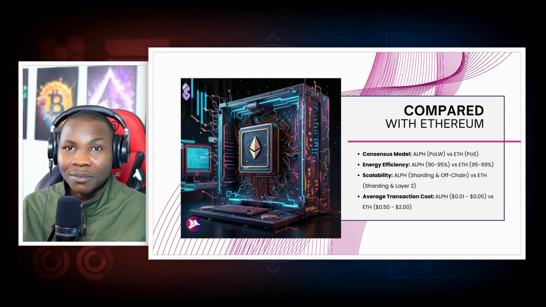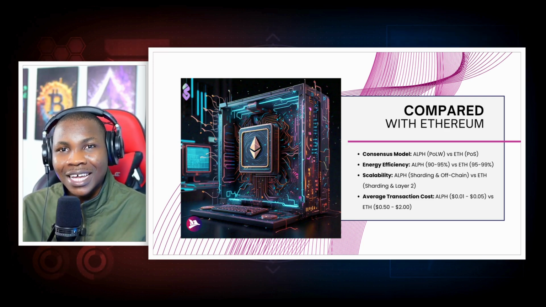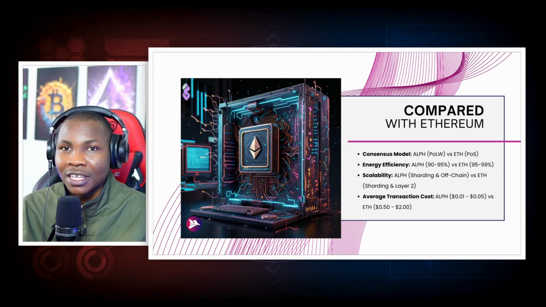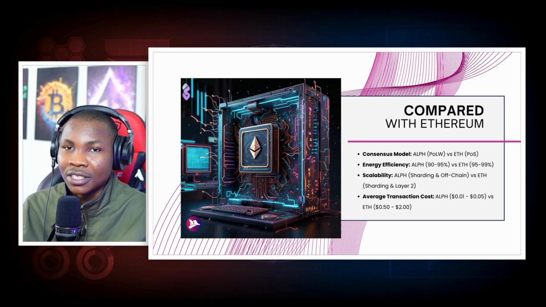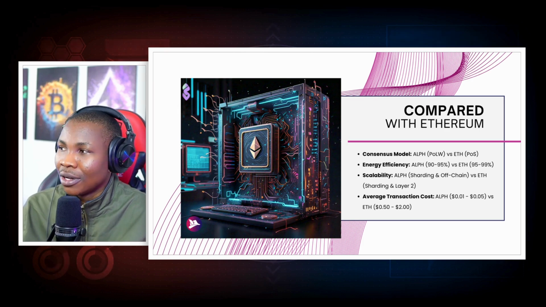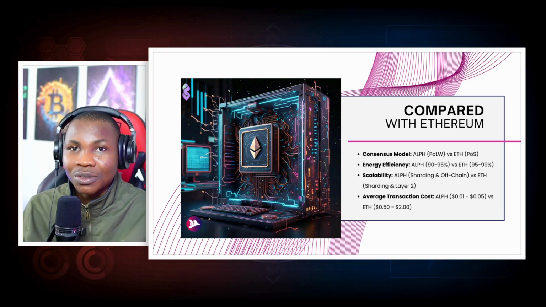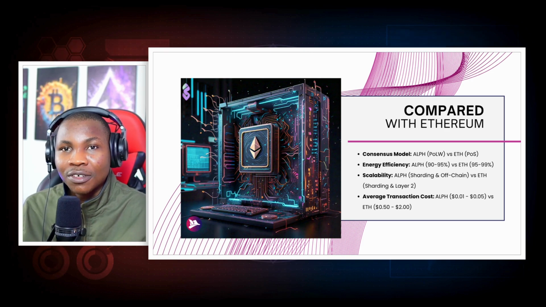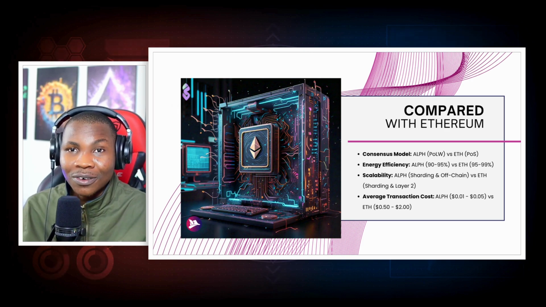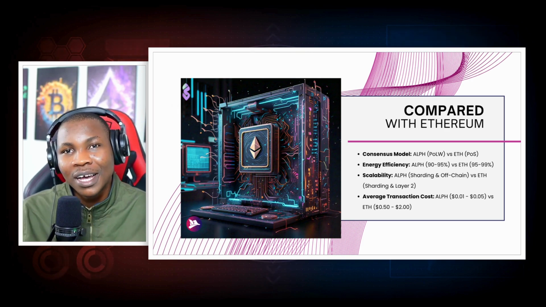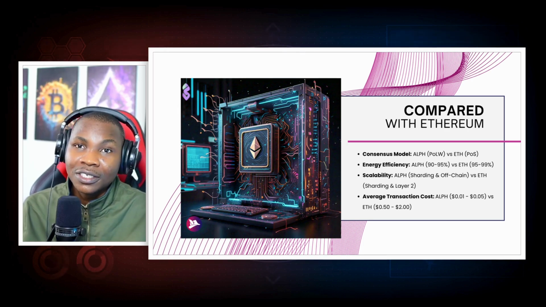But Alephium's consensus model has a great advantage, like I've discussed in the recent slide. So that is one thing you must understand in the comparison between Alephium and Ethereum. Next is energy consumption.